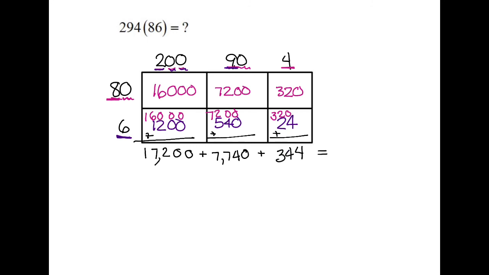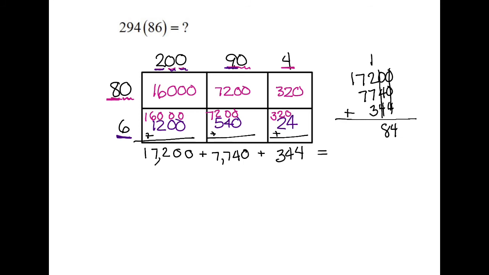Can't really do those in our head either, so I'm going to line it up over here. And remember, you're lining it up with the ones place, so that's the right column, right hand side. And adding. So straight down, 0, 0, and 4, 0, 4, and 4.